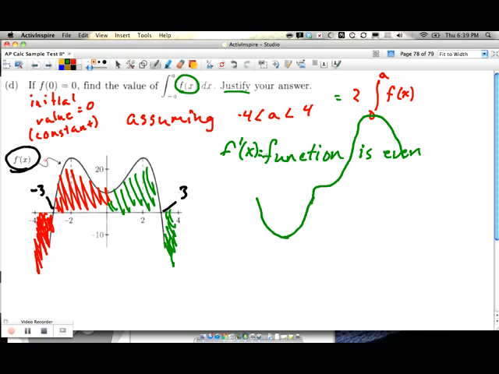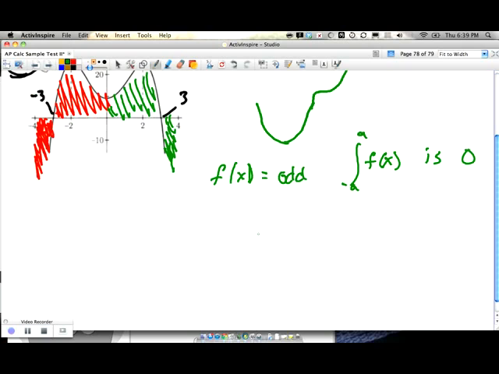That means that the integral from negative a to a of f of x is 0. For example, let's say that we had an even function as our derivative, let's say that f prime of x equals some c times x to the fourth.